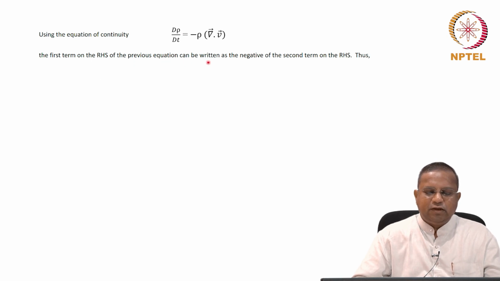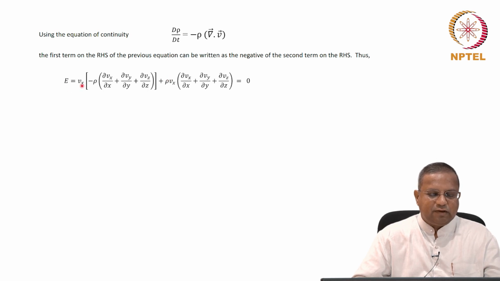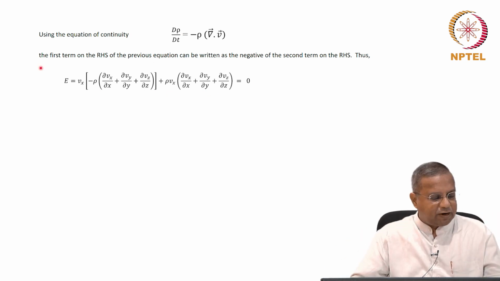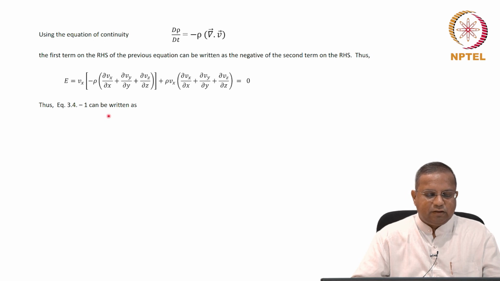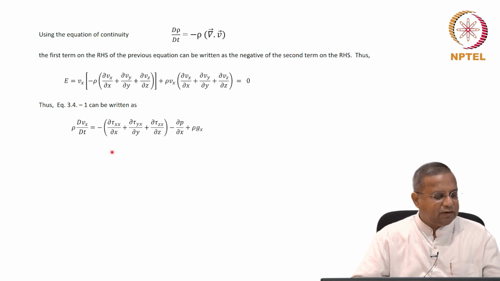So the first term on the right hand side can be written as the negative of the second term on the right hand side. Okay, what I mean by that is E is nothing but Vx times minus ρ (∂Vx/∂x plus ∂Vy/∂y plus ∂Vz/∂z) plus ρ times Vx (∂Vx/∂x plus ∂Vy/∂y plus ∂Vz/∂z) equals 0. Okay, so this is what our thing in the curly brackets was, and this can be written as ρ.